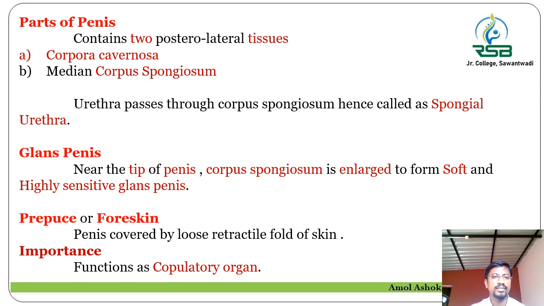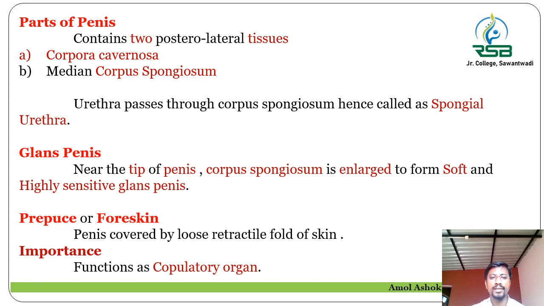The penis contains two posterolateral tissues. Number one, the corpora cavernosa, and number two, the median corpus spongiosum. The urethra runs through the corpus spongiosum. It is also called the spongy urethra.